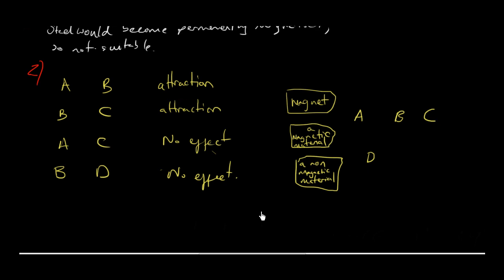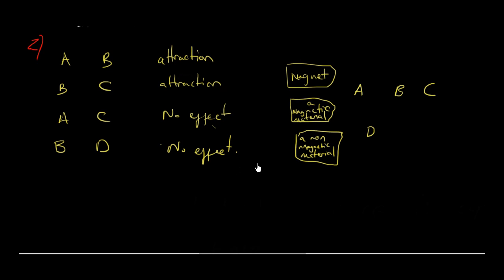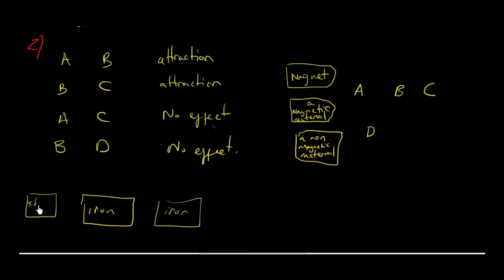Before I talk a little bit about that, I need to first make sure that we all know what we're talking about. If I have a magnetic material here, like a lump of iron, and another lump of iron, or a lump of steel, these are all magnetic materials, but since there's no magnetism in any of them, they haven't been magnetized, then they can be next to each other, and there won't be an attraction or repulsion.